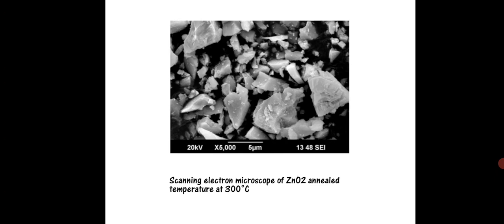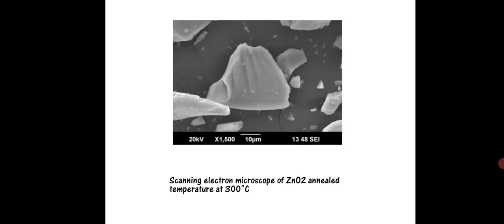My zinc oxide particle size is 14 nanometers. This diagram explains that the particles are very close, at 5 micrometers. The next size, the particle scale is 5 micrometers. This graph explains the particle size and morphology structure.